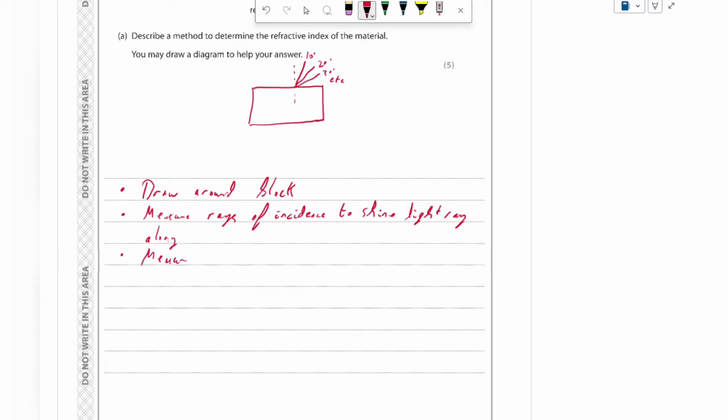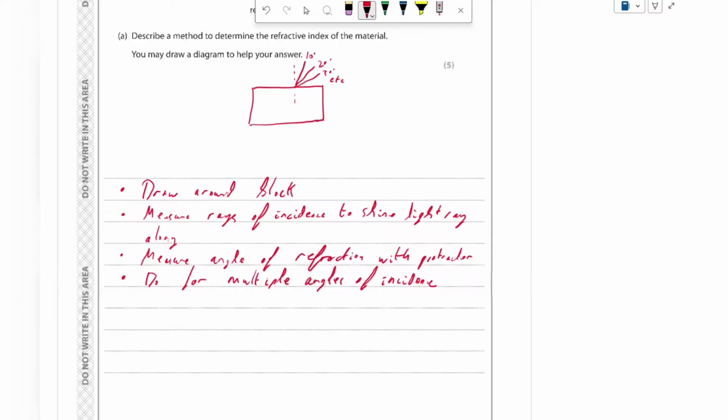Measure angle of refraction with protractor. Do for multiple angles of incidence. I'm doing it for 10 degrees, 20 degrees, 30 degrees, so on.